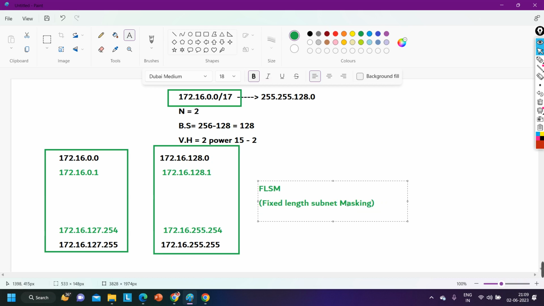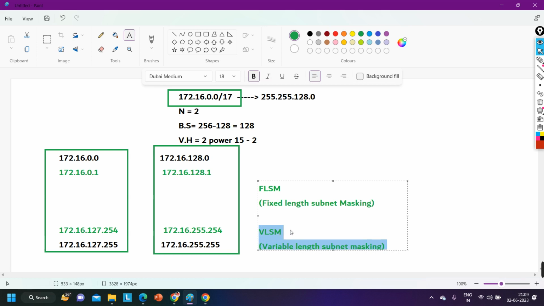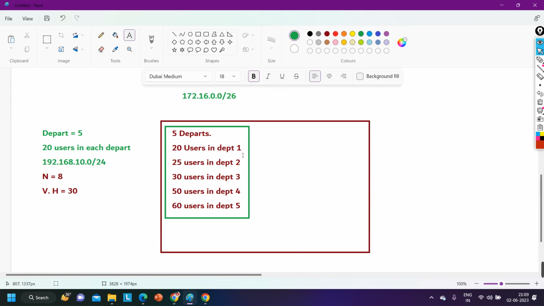And whenever the length of your network is variable, that is known as VLSM, variable length subnet masking. So till now we had discussed FLSM, and now we are going to discuss VLSM, because the length of my network is now variable.